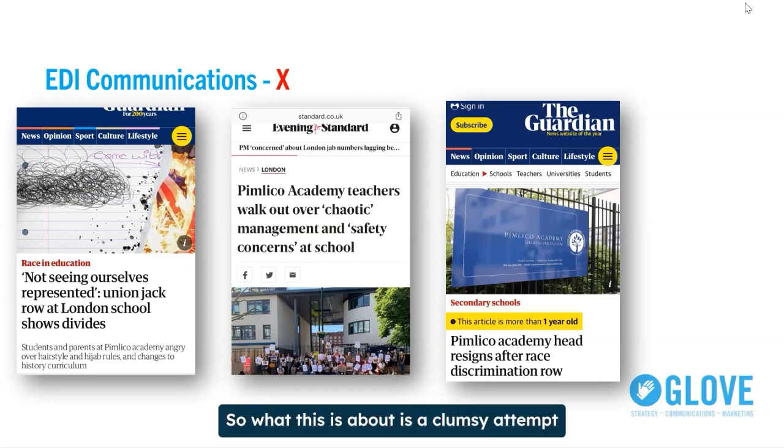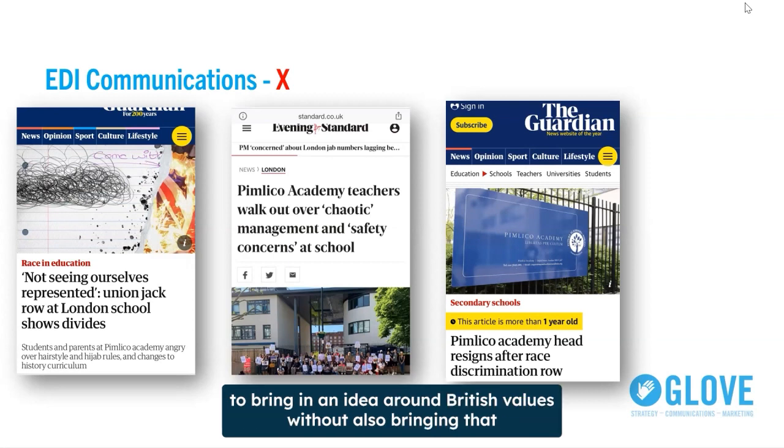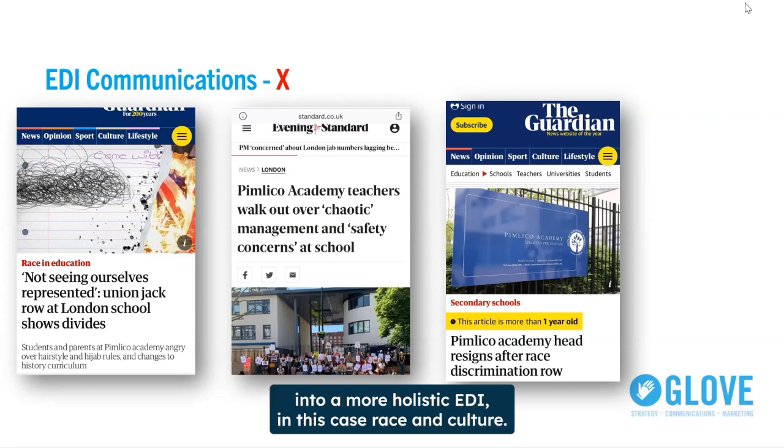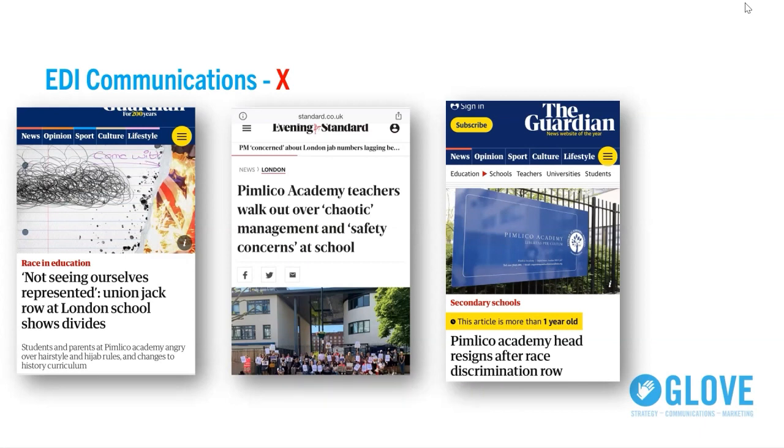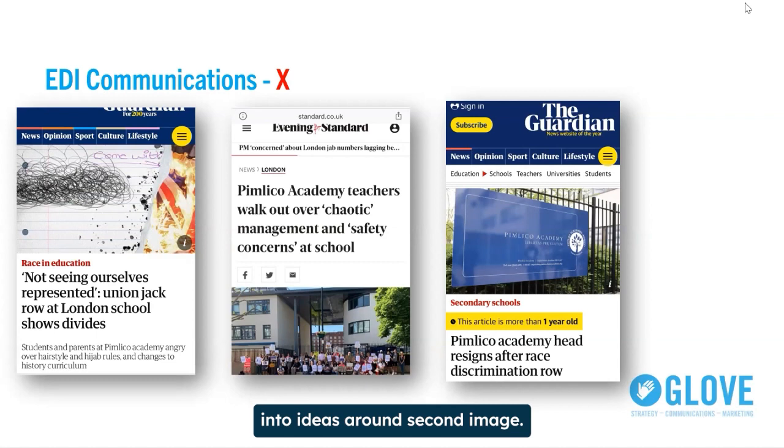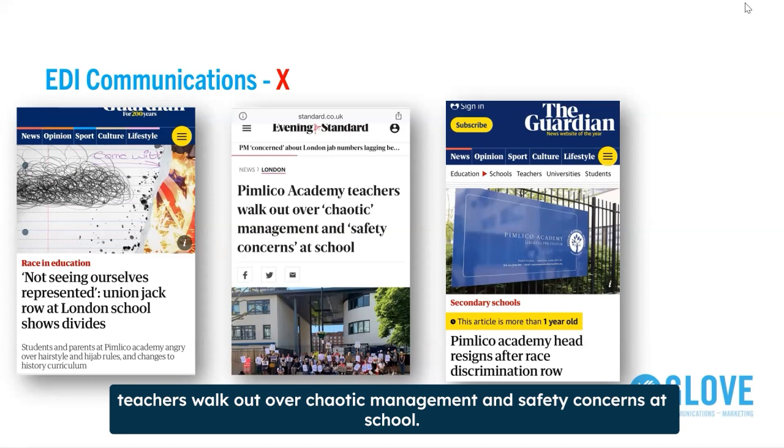So what this is about is a clumsy attempt to bring in an idea around British values without also bringing that into a more holistic EDI, in this case, race and culture context. This then mutated into ideas around the second image: Pimlico Academy teachers walk out over chaotic management and safety concerns at school.